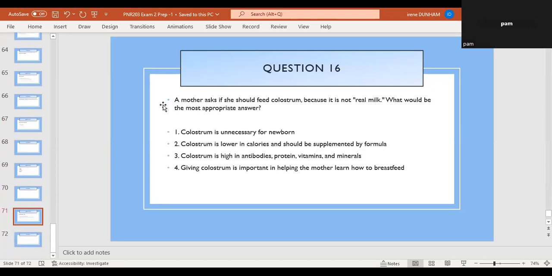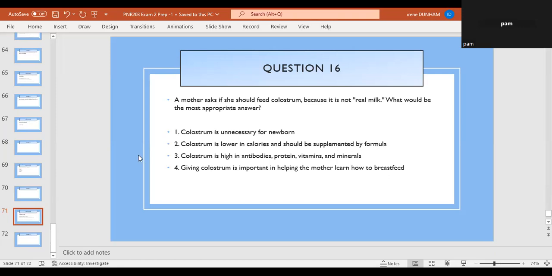The last question. A mother asked if she should feed colostrum because it's not real milk. What would be the most appropriate answer? Well, we know that colostrum has a lot of antibodies. So do we want her to feed that to the baby? Yeah. So let's see now which one. Colostrum is unnecessary for newborn. Well, we know that's wrong. Colostrum is low in calories and should be supplemented by formula.